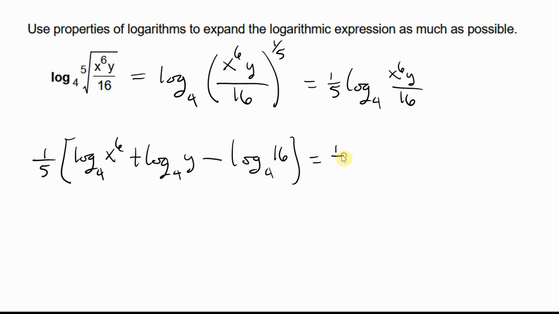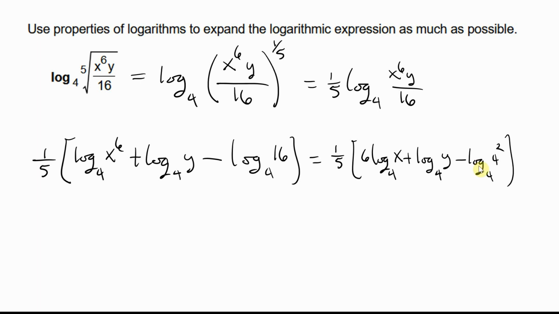So this becomes 1/5 times 6 times log base 4 of x plus log base 4 of y minus, now watch this, log base 4 of 4 to the 2nd. That's 16, right? So I'm going to run the 1/5, multiply that through.